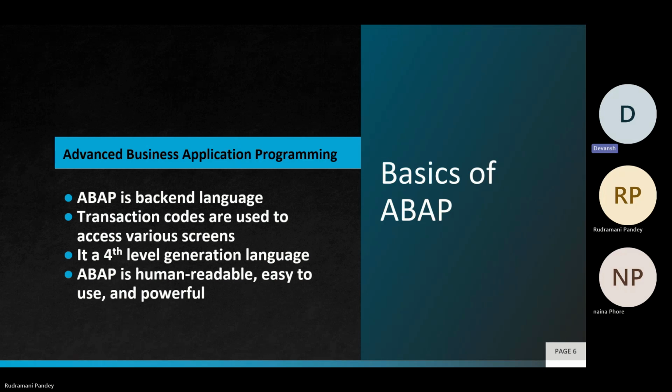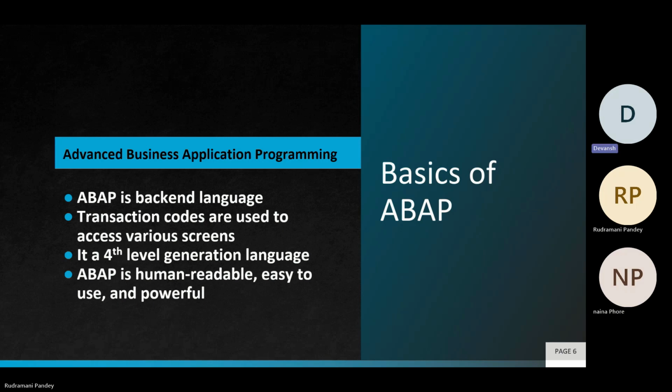If you know ABAP, it would be much easier to learn other languages like C++, because they are very similar. In ABAP there are transaction codes. If you want to do any work in ABAP, you need transaction codes.